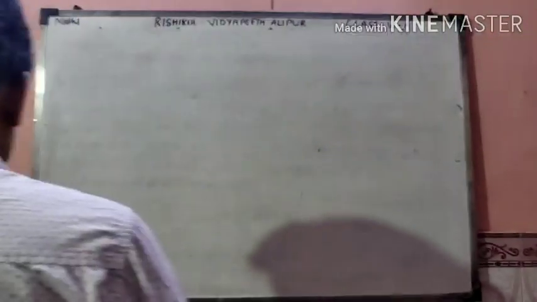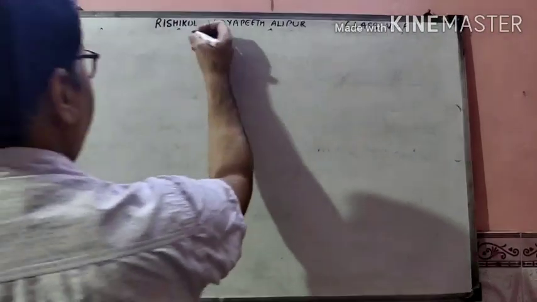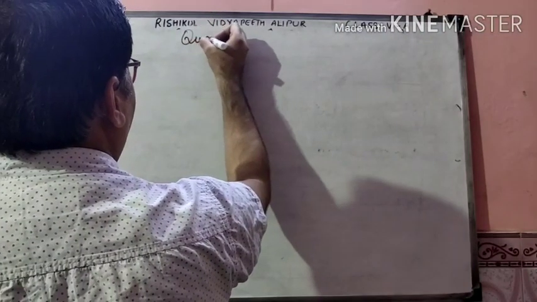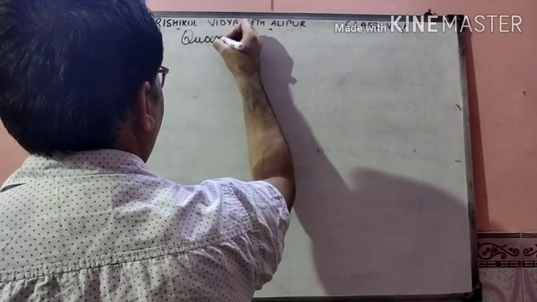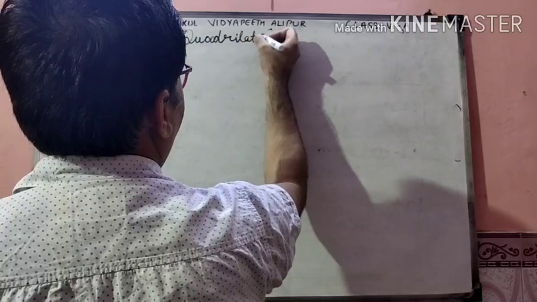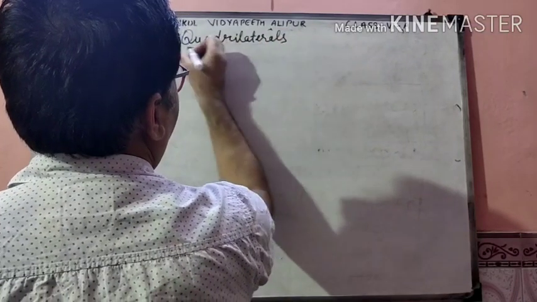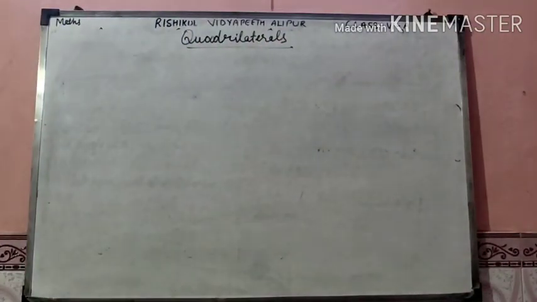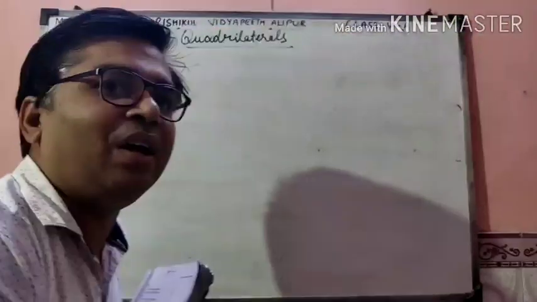Yes students, what is a quadrilateral? Just like a triangle is a three-sided polygon, a quadrilateral is a four-sided polygon.